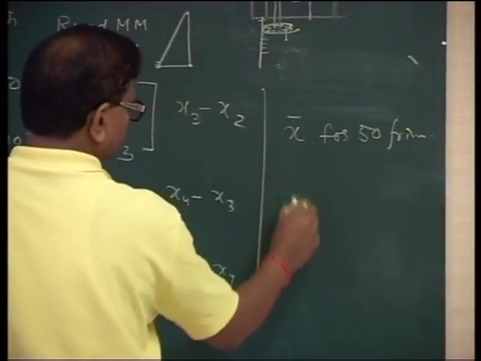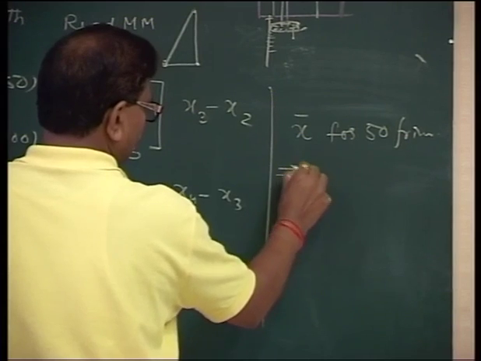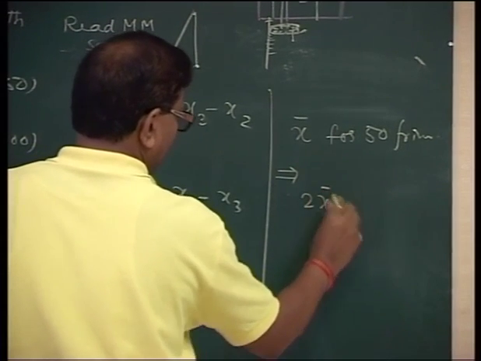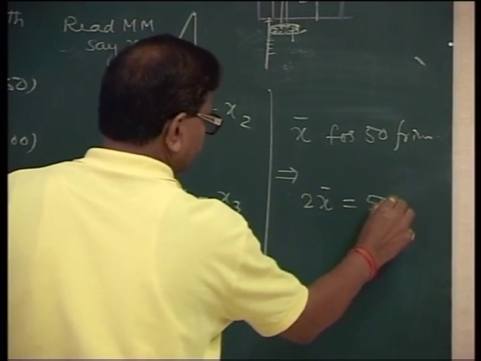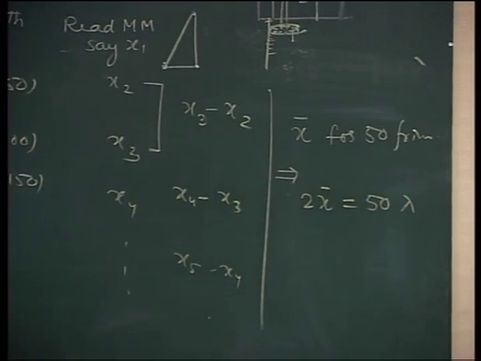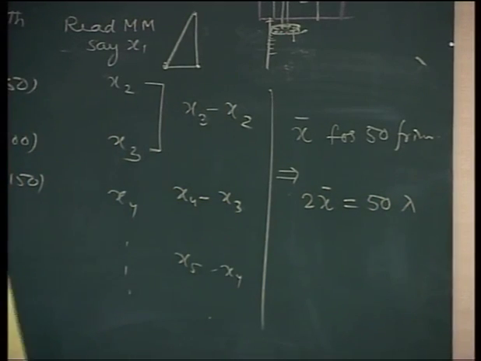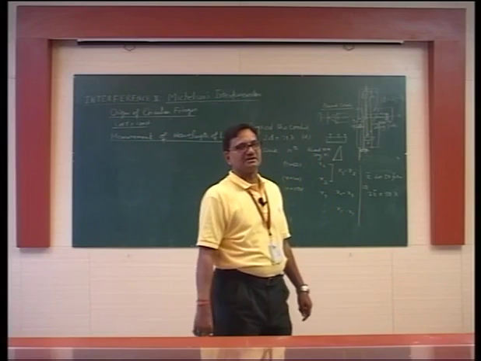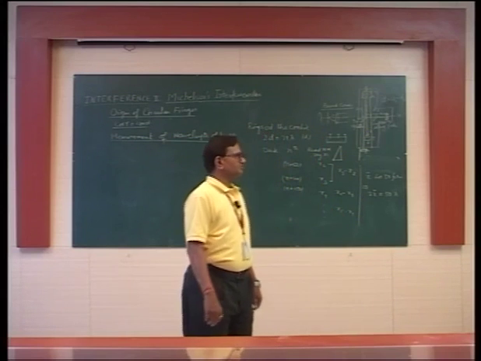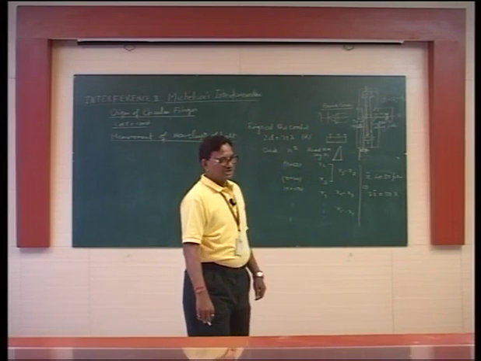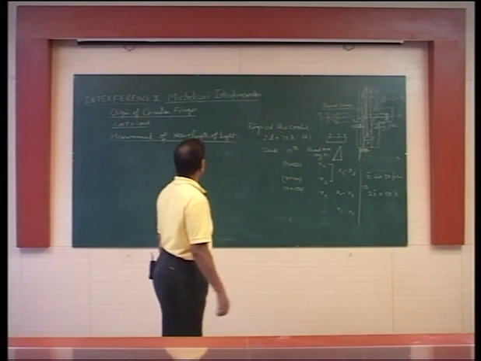So we use the formula: 2 x bar is equal to 50 into lambda. The wavelength can easily be determined. It is a straightforward, very simple technique and a very accurate result, because the least count of this instrument is quite small.